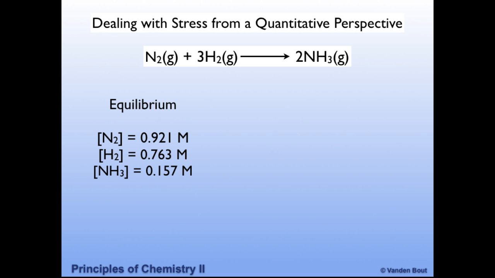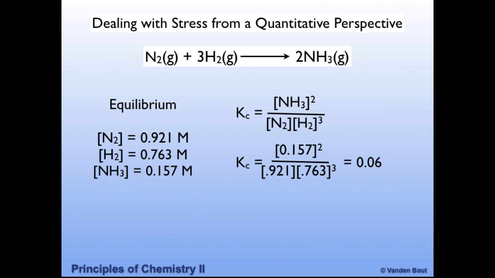So if we imagine this situation, at equilibrium, I happen to find these concentrations. If I know those concentrations, I know what the equilibrium constant is. So if I put them into the mass action expression, then with the equilibrium concentrations, the mass action expression is equal to the equilibrium value. And in this case, we're using concentration, so it'll be Kc.